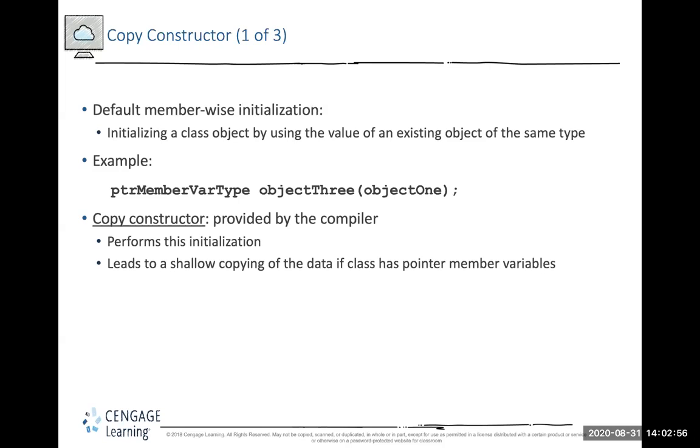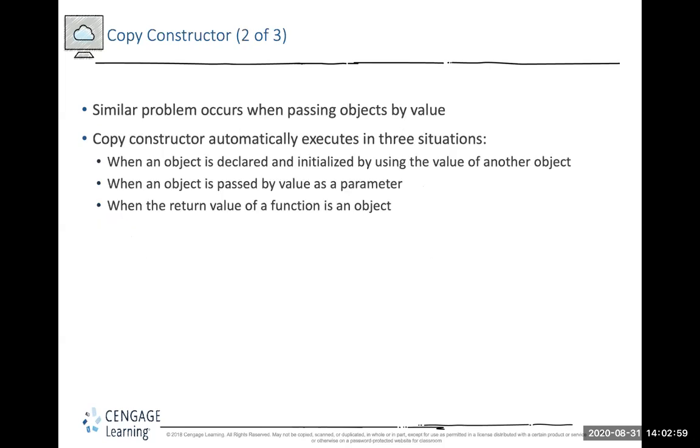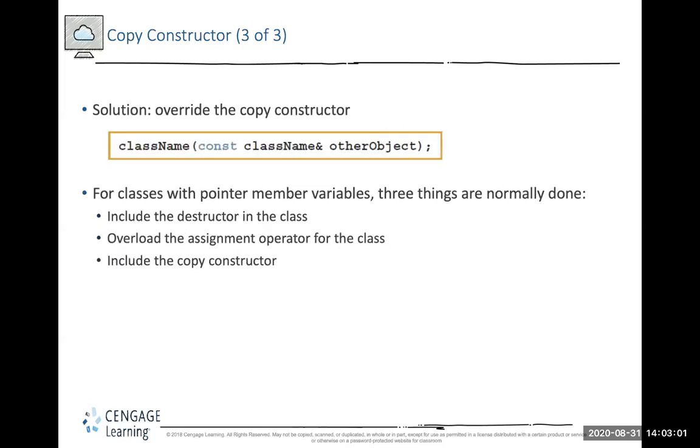Unless you have customized it with your own copy constructor, then it's going to use yours. And so here's an example. The way you customize that copy constructor, this is what the function signature looks like. Class name with a single parameter. This parameter is a constant pointer, constant meaning you're not modifying the content of that pointer.